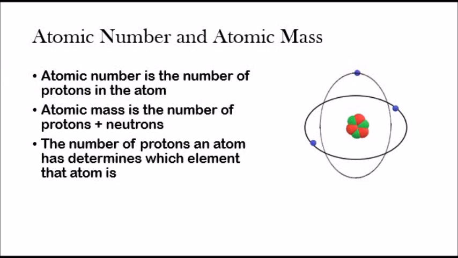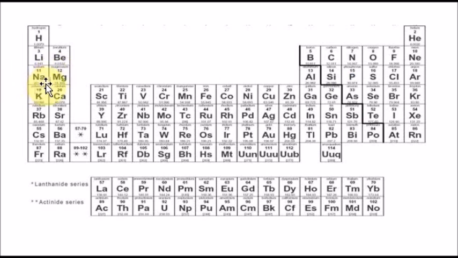So if you look at a periodic table, it tells you the atomic number of each element. For example, it might be kind of hard to see here, but if you look at copper, there's a 29 up there. You can go get your own periodic table and look at that. So this tells you that all atoms which have 29 protons are of the element copper.